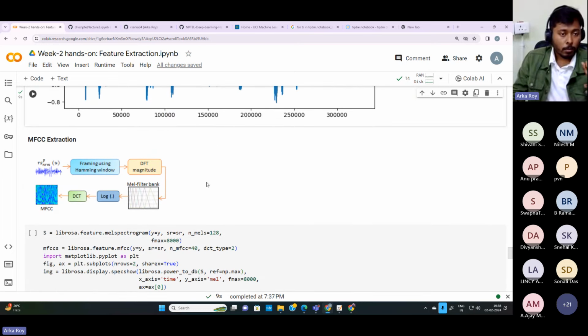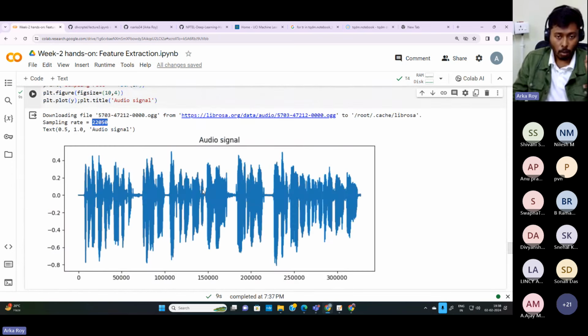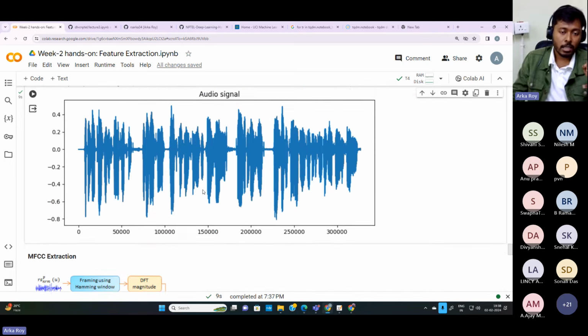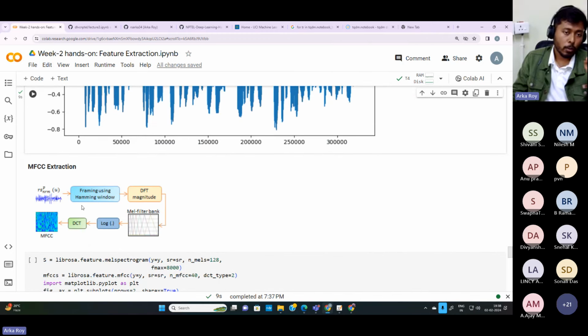You have been told that there are several features you can extract from audio signals. One of the most popular is MFCC, that is the mel frequency cepstral coefficients. The process is like this: you take an audio signal, you frame it using a Hamming window or a Hanning window. There are several FIR windows, and then you take the DFT.